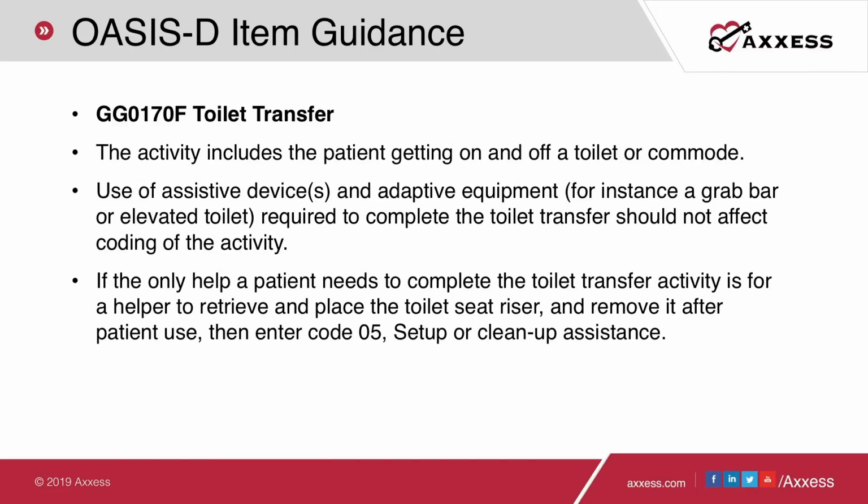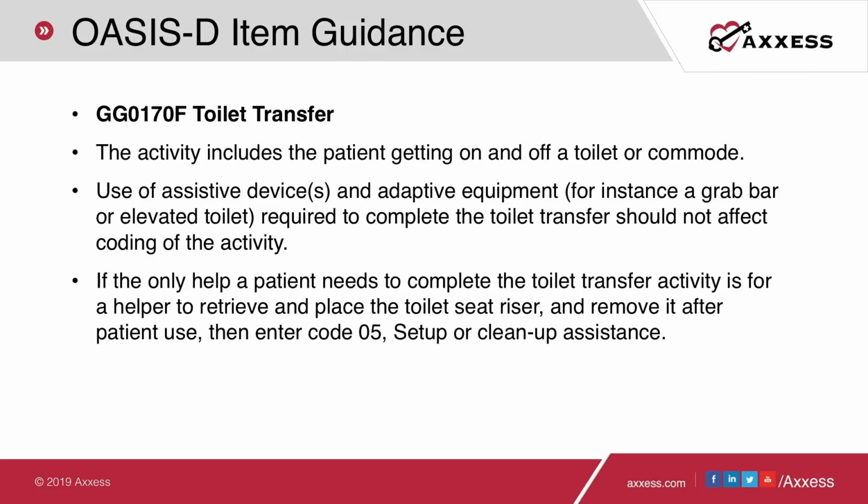All right, our next row, GG0170F, is a toilet transfer. This includes the patient getting on and off a toilet or a commode. The use of assistive devices and adaptive equipment like a grab bar or elevated toilet, required to complete the toilet transfer, should not affect coding of the activity.